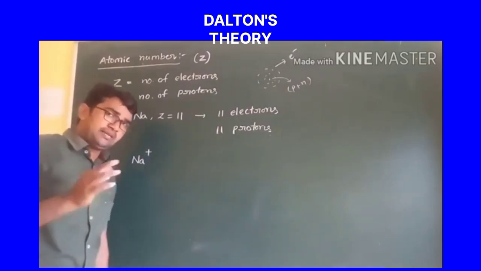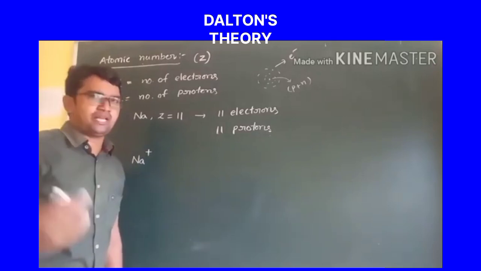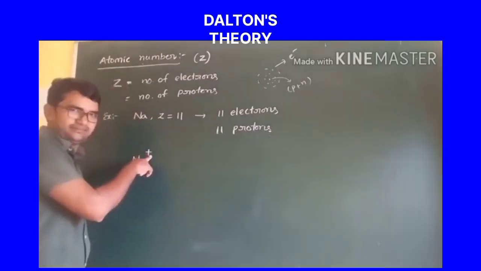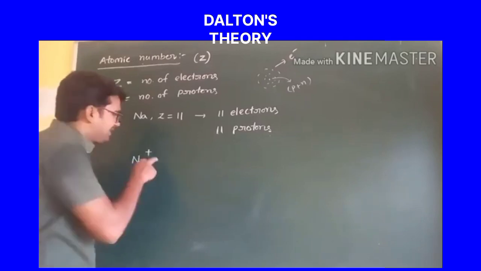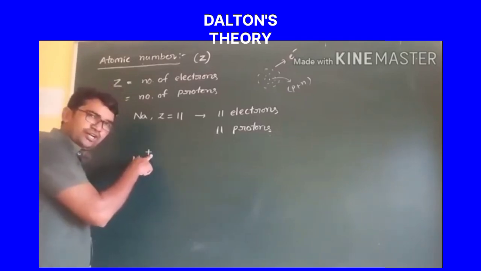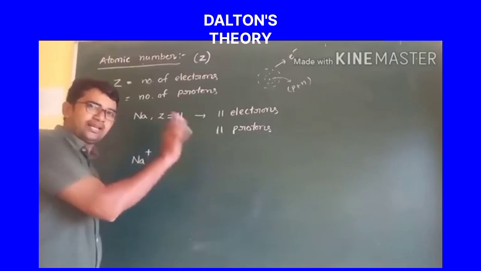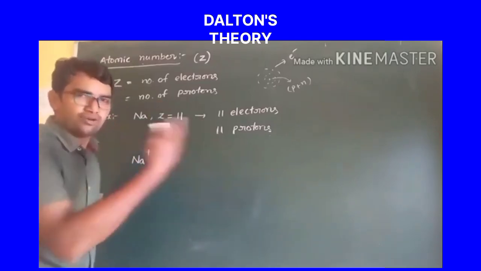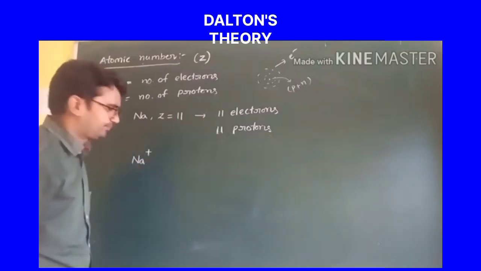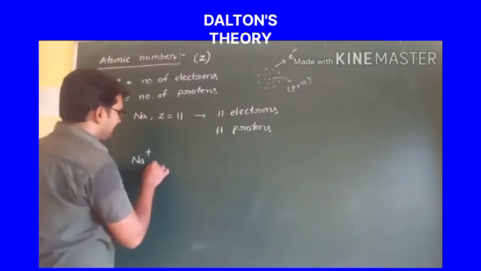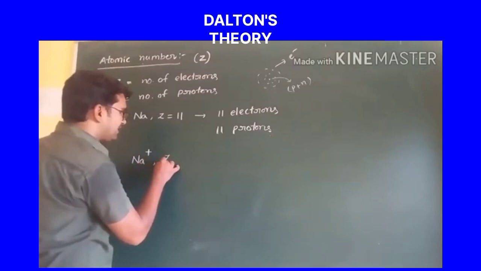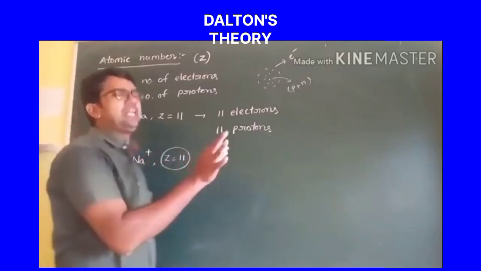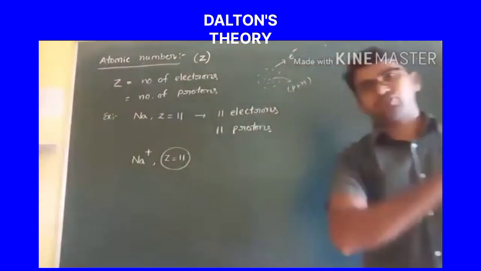In mathematics, plus means addition, minus means subtraction. But in chemistry, it is reverse. Plus means subtraction, minus means addition. Here plus 1 means subtract 1 electron from the total electrons, or simply remove 1 electron or lose 1 electron. So Na plus means, here Z is still 11, because it is sodium, but it lost 1 electron.